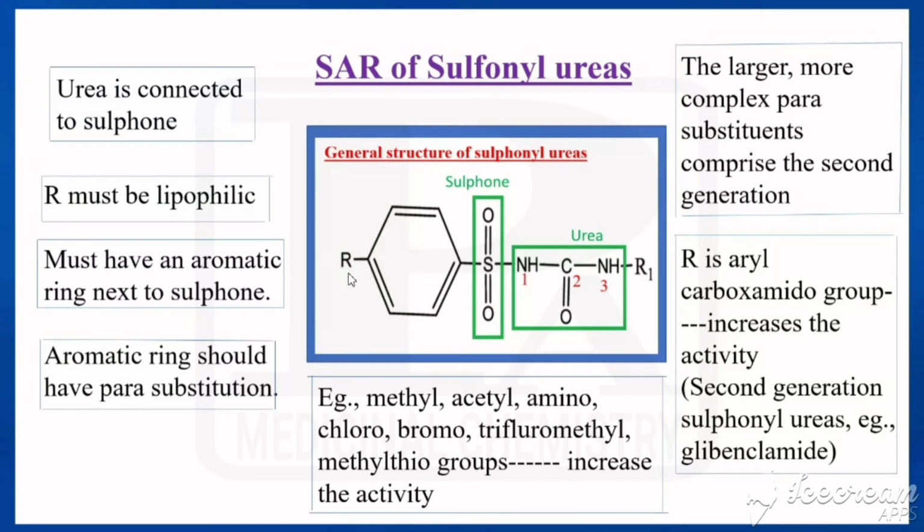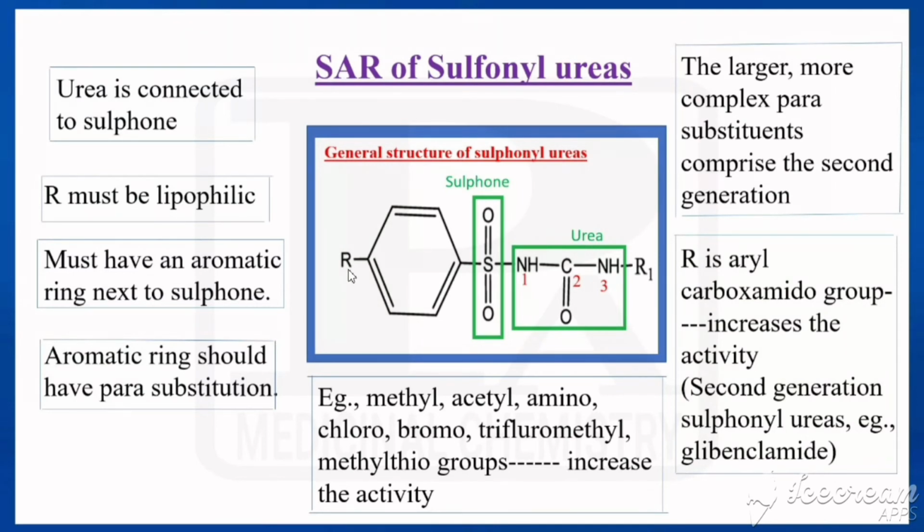What can we substitute in the place of R? That may be methyl, acetyl or amino, chloro, bromo, trifluoromethyl, methylthio. So the activity would be increased. In place of R, if we introduce a substituent that is larger and more complex, we get second generation sulfonyl ureas. In place of R, we introduce an aryl carboxamido group.